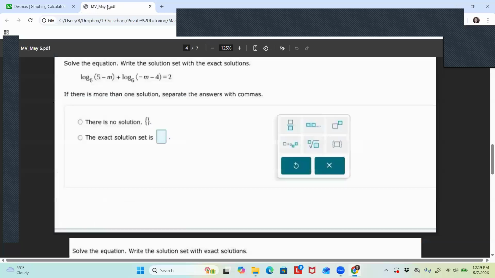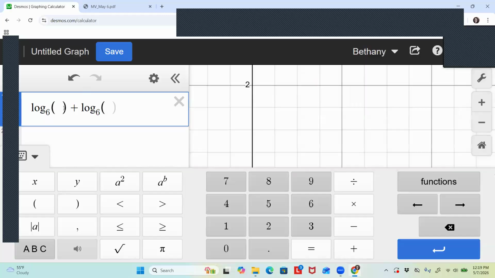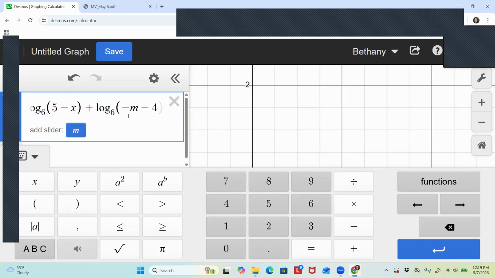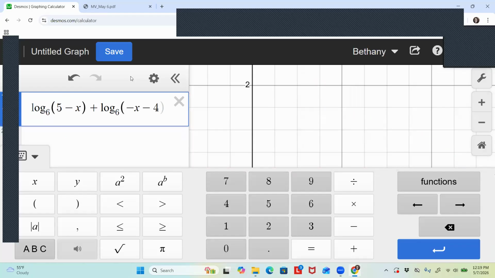Okay, now what was it? 5 minus m, negative m, m. Oh, we gotta put x. Desmos doesn't know m. And then it was m something, negative m minus 4, I think. Oh, not m, sorry. Gotta put in x. And then that equaled 2.